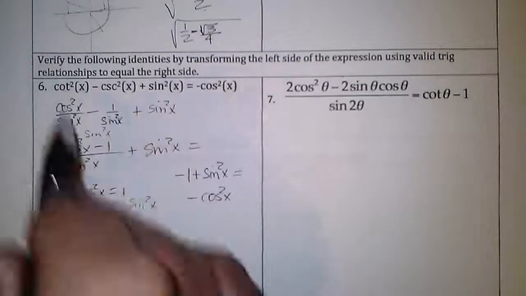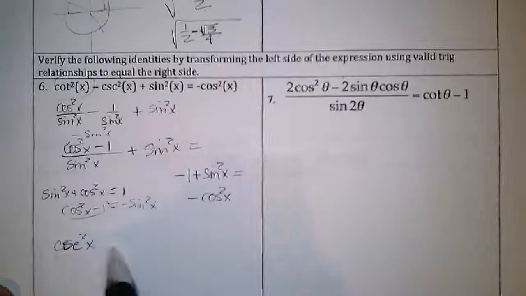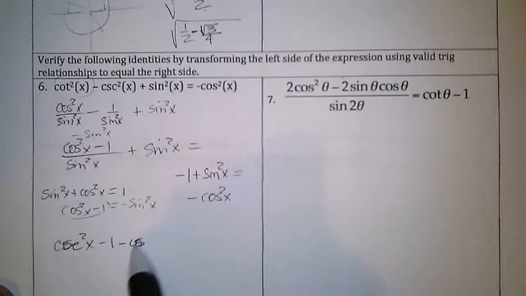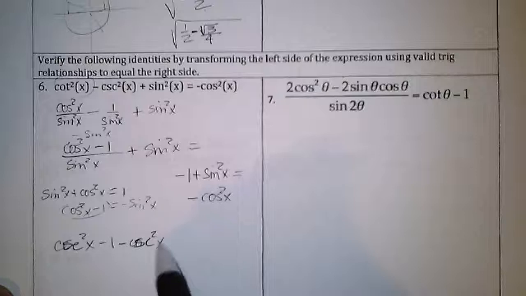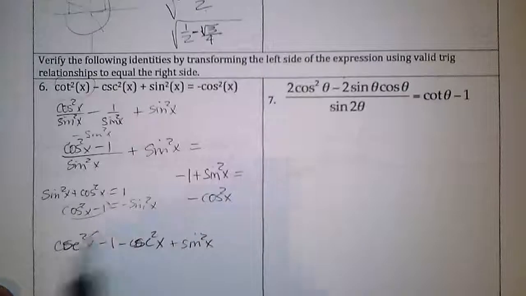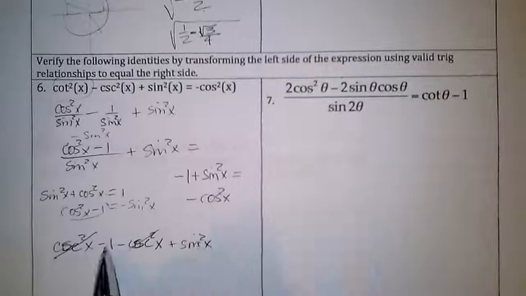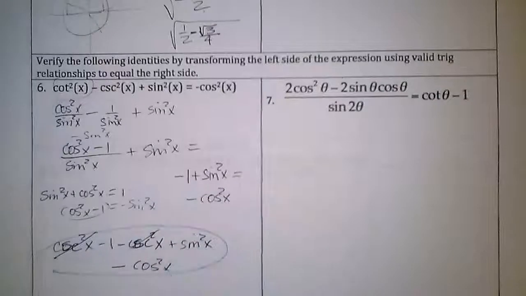So we could write the cotangent squared as cosecant squared x minus 1 minus cosecant squared x plus sine squared x. Cosecant squareds cancel. And I got sine squared minus 1, which I had right here, which is negative cosine squared x. That was a little bit simpler way to do it.